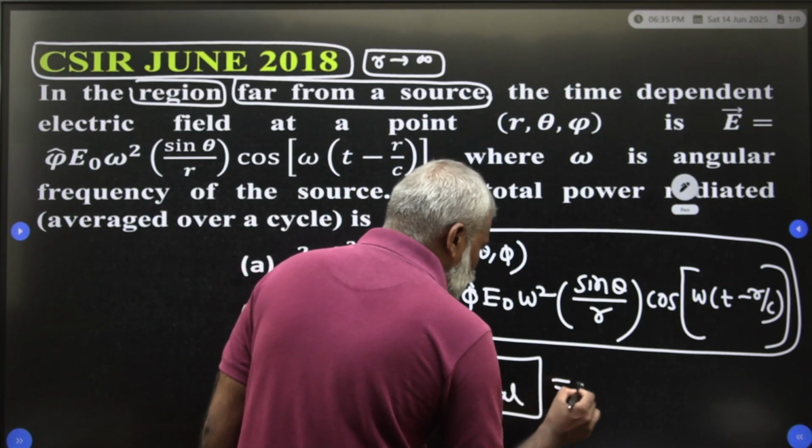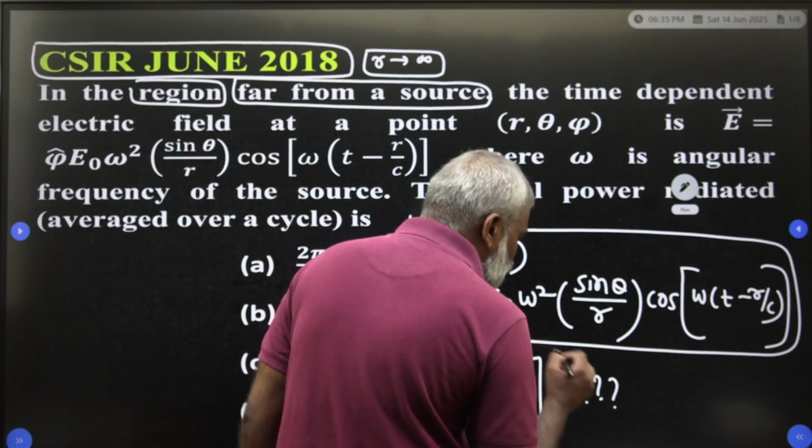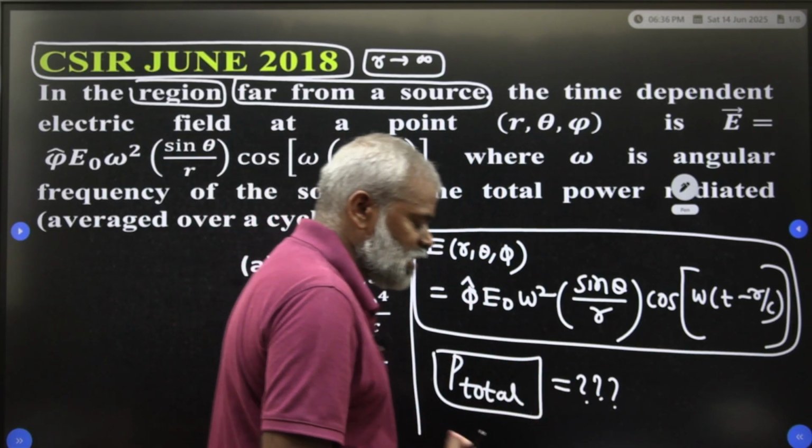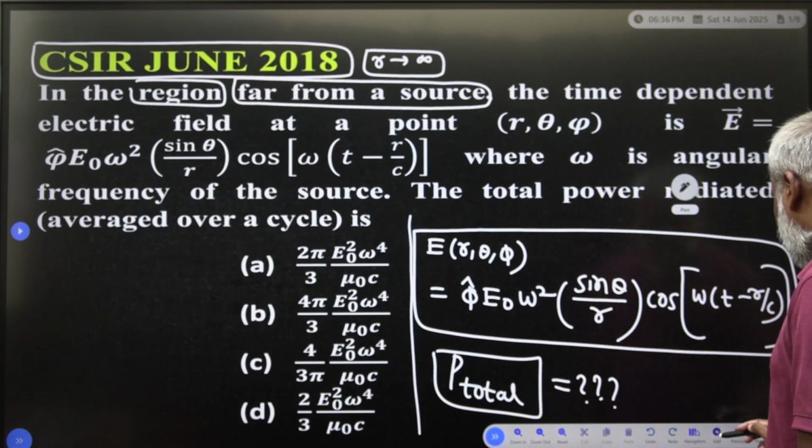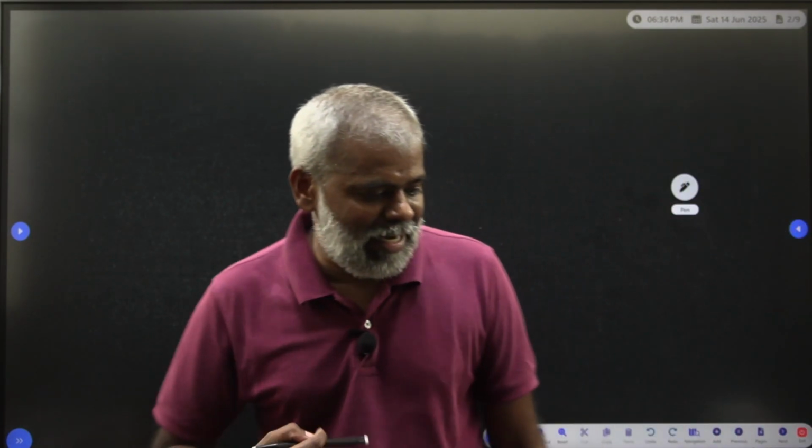So how do we calculate the total power radiated based on the electric field? How do we solve it? First we calculate the electric field.